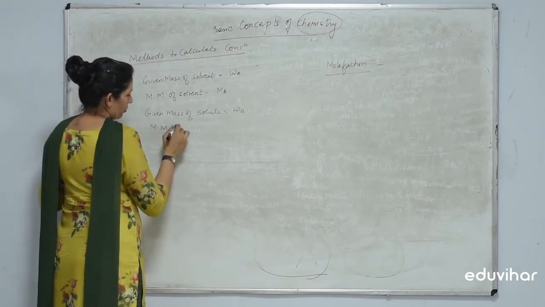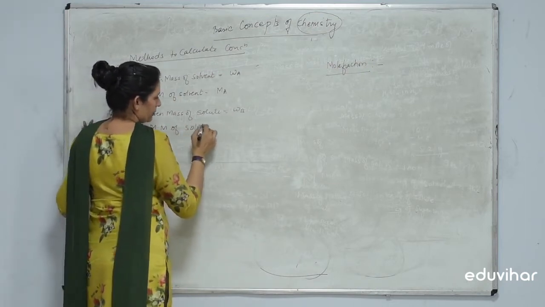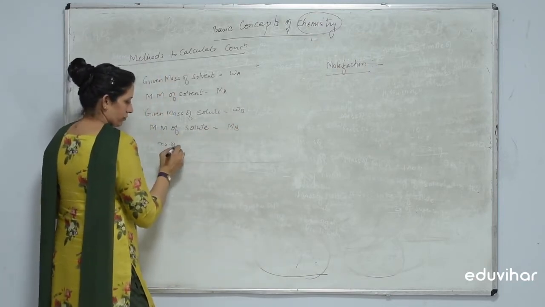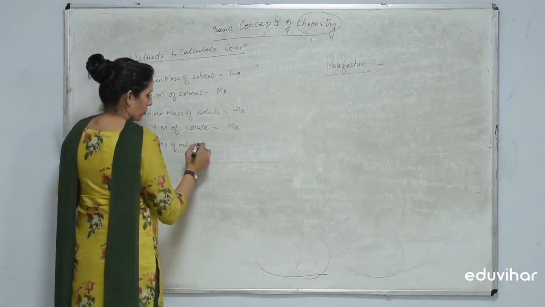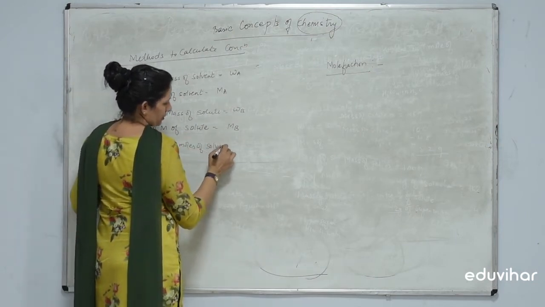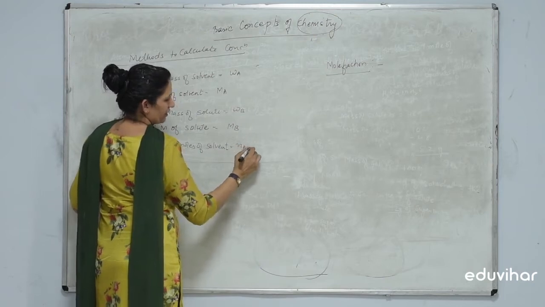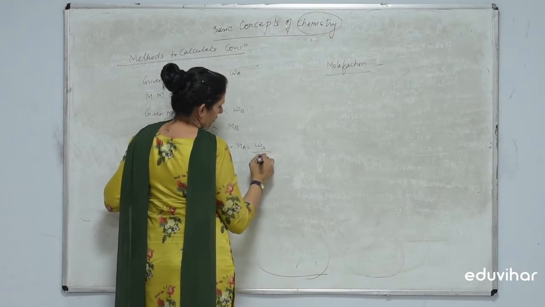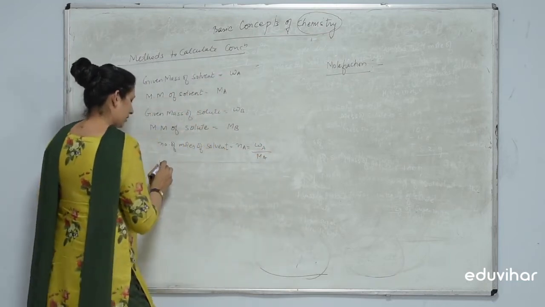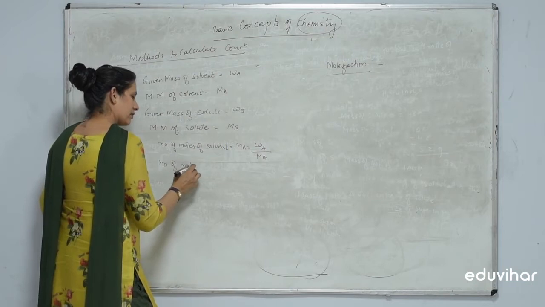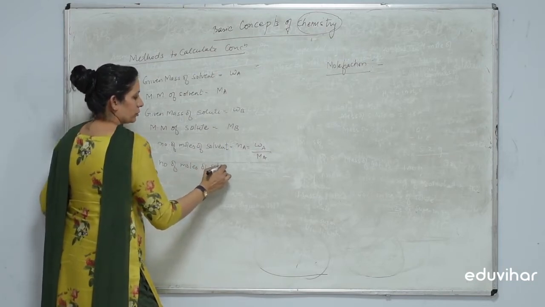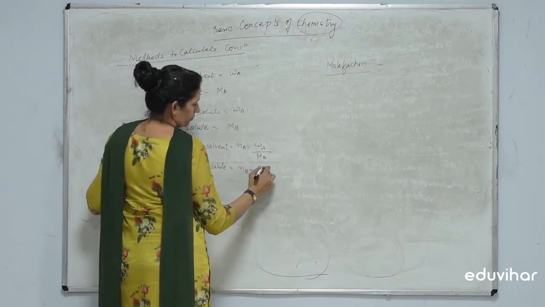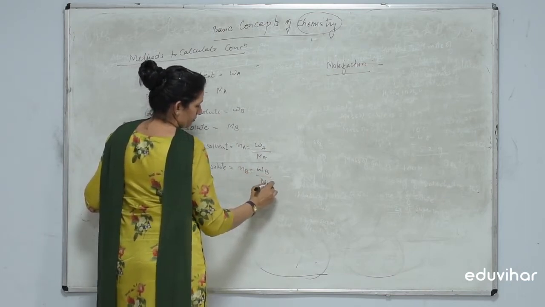Molar mass of solute is represented by MB. Number of moles of solvent is represented by NA, and that is equal to given mass divided by molar mass. The number of moles of solute is NB, equal to WB upon MB.